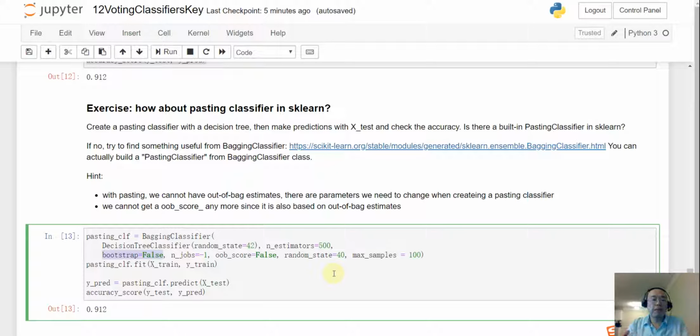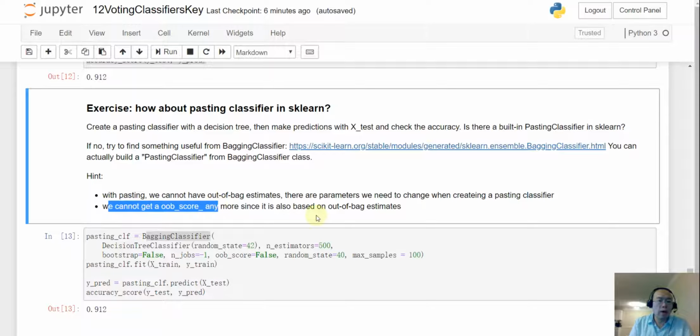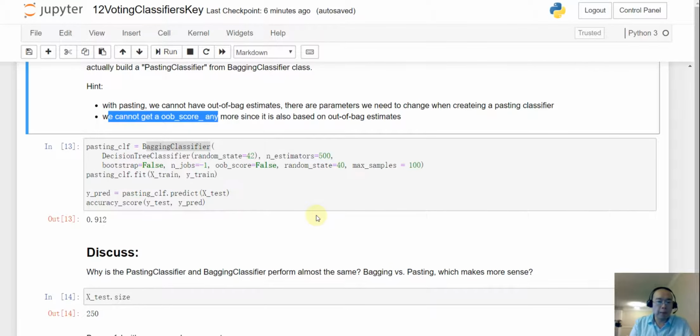If we specify bootstrap equals false, even though this is a bagging classifier, we are drawing without replacement, and that is pasting. So we have a pasting classifier. However, in this case, we can't do OOB score anymore. OOB score is only for bagging.